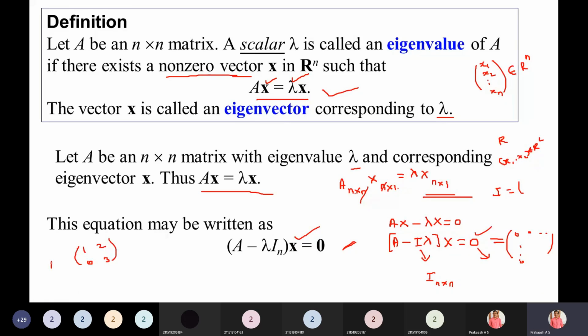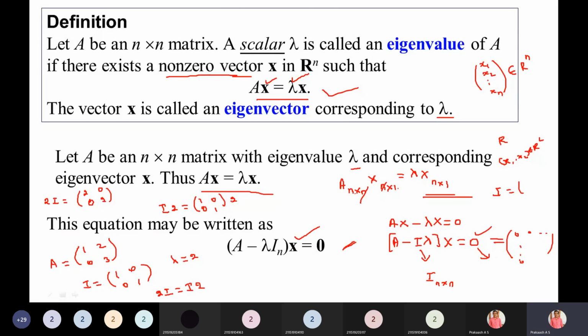I is 1, 0, 0, 1. Suppose lambda equals 2. So 2I equals I2, both are the same. If you multiply 2I, we have to multiply every element by 2, so we get 2, 0, 0, 2. Similarly, I2 is the same: 1, 0, 0, 1 into 2.